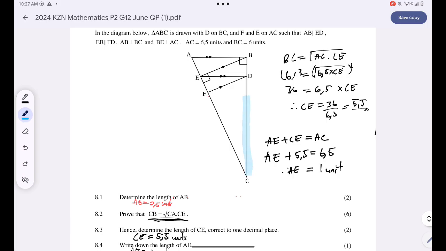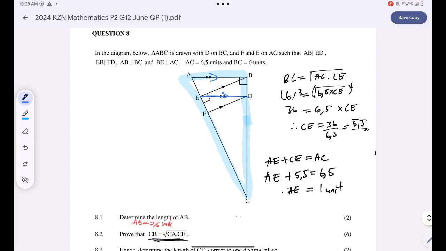If we focus on this big triangle over here, I'll highlight it in blue, I can see that this over here is parallel to that. It's given to me.